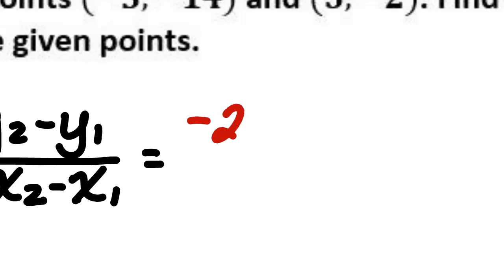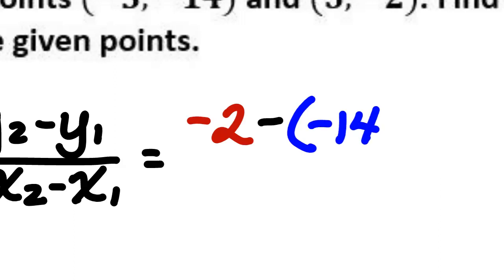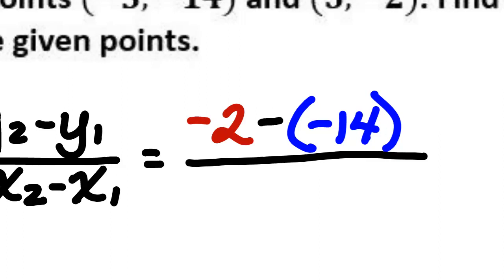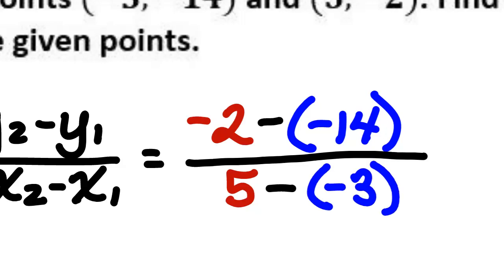So now I can substitute into that slope formula to find the slope here. y2, negative 2, minus y1, y1 was negative 14, over x2, x2 is 5, minus x1, x1 is negative 3. What happens when we subtract a negative like we're doing in both the numerator and the denominator? Becomes addition.